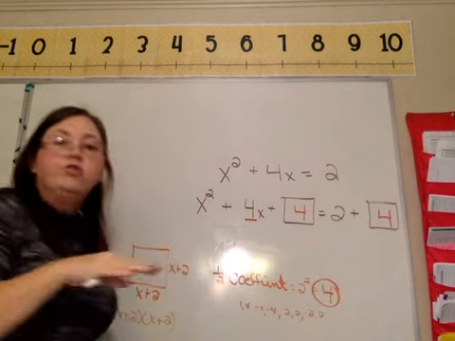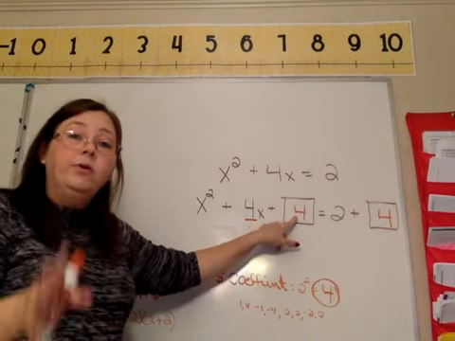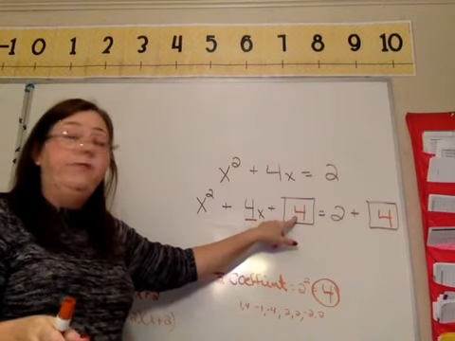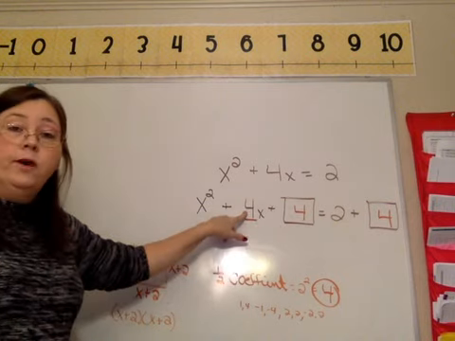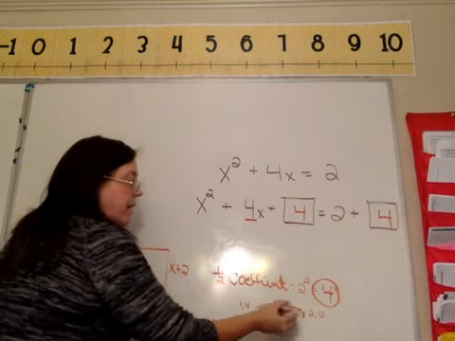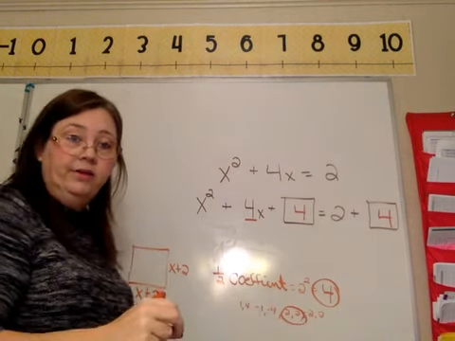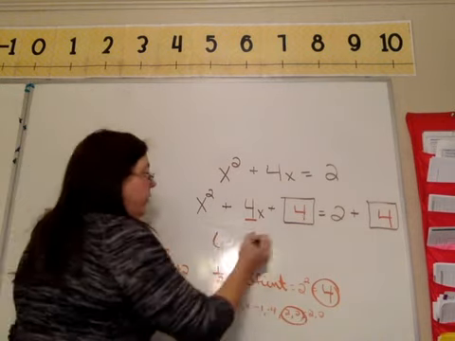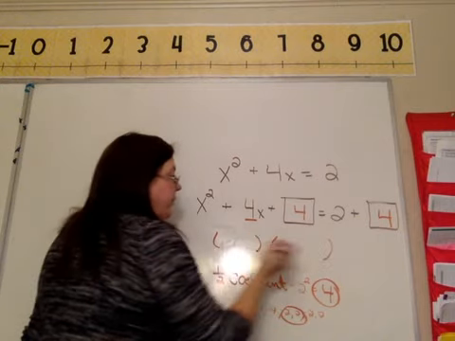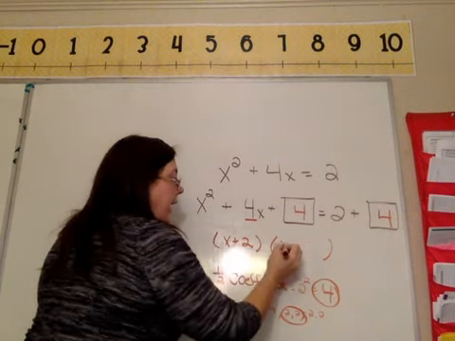Those are all your choices to get 4. But you need not only the ones that will multiply to give you 4, but you need them to add to 4 as well. You look through your list, the only 2 that will give you a positive 4 is 2 and 2, positive 2 and positive 2. Set up your little something times something. X plus a positive 2, x plus a positive 2.